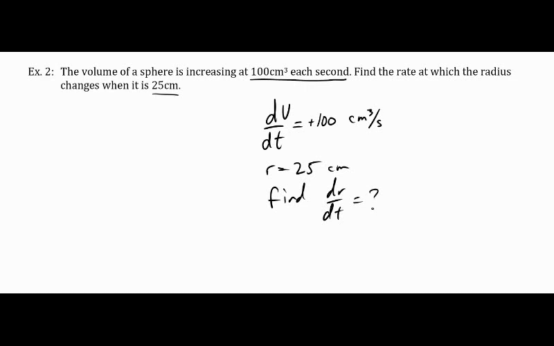So I need some kind of formula. I wonder what it's going to be that relates the volume of a sphere to the radius. And of course, it's just the formula for the volume of a sphere, which is 4/3 pi r cubed. I take this formula, and it has the r in it and the V in it, and it relates those two things.